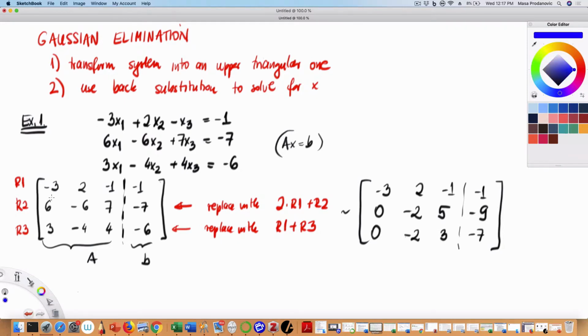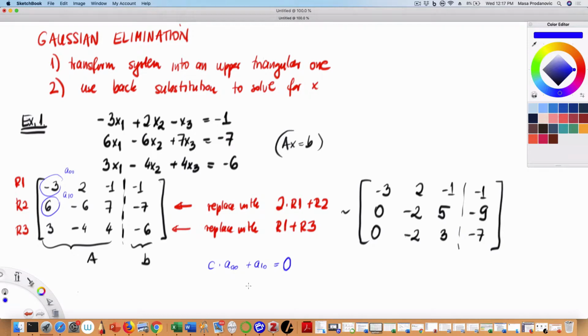So basically I'm looking, so this is my A00, and this is my A10, right? And I'm looking for a coefficient times A00 plus A10 to be equal to 0. Yes?